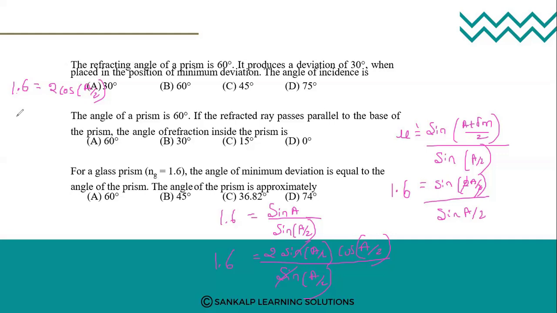So 1.6 divided by 2 will be 0.8. So this 0.8 is equal to cos of A by 2. Further we can write it as cos inverse of 0.8 is equal to A by 2. But we require the cos inverse value here.